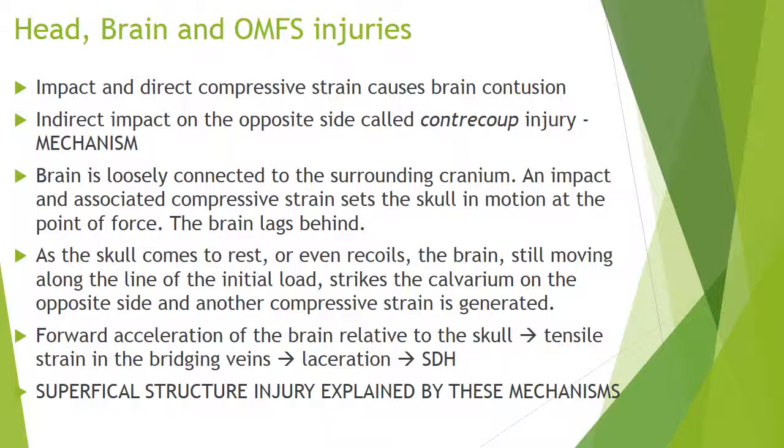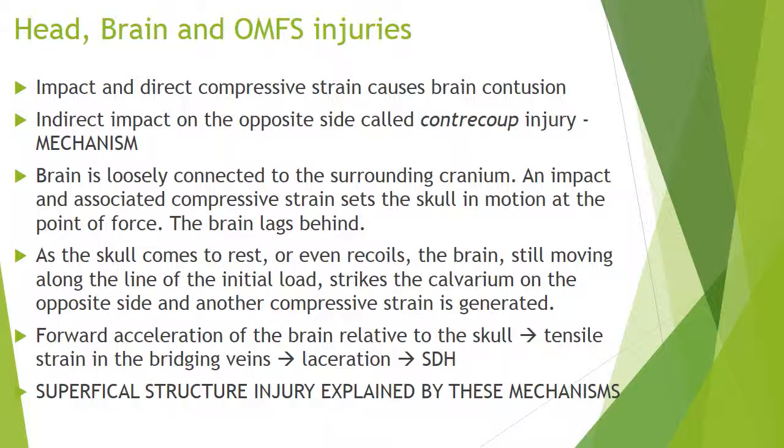But remembering the laws of inertia, the brain lags behind. So when the skull comes to rest or even recoils, the brain is still moving along the line of the initial force. It strikes the skull on the opposite side and a compressive strain is generated. Therefore, any impact to the frontal area can cause injury to the occipital area. This explains the countercoup mechanism.